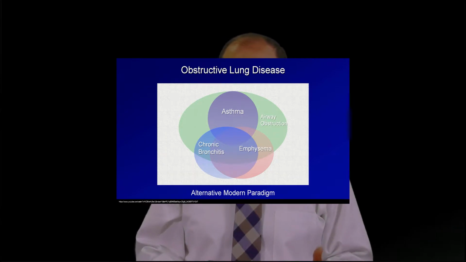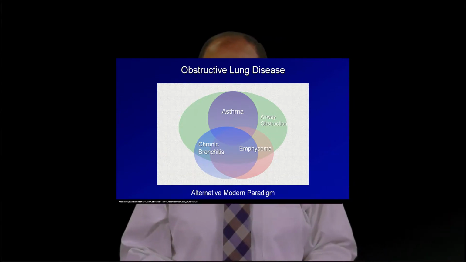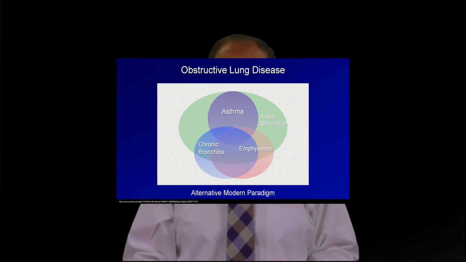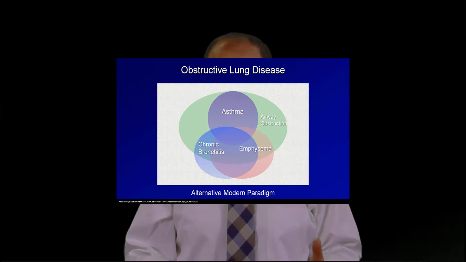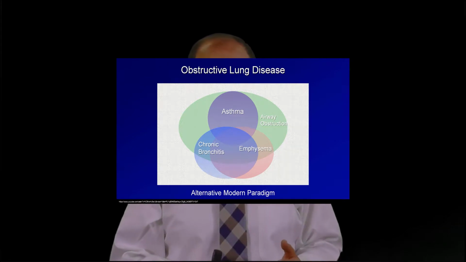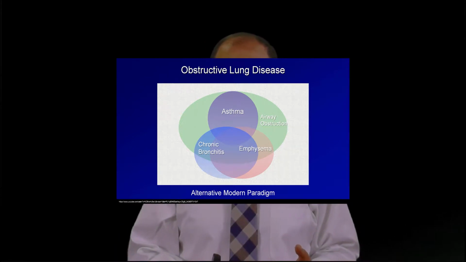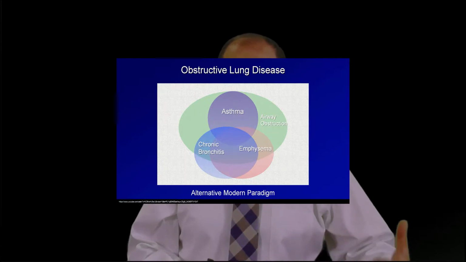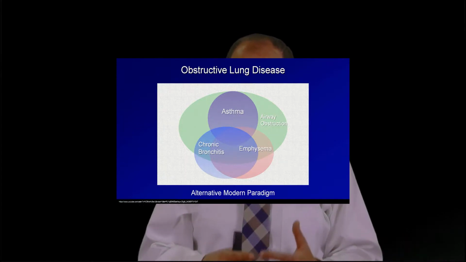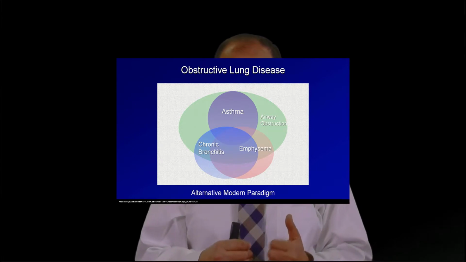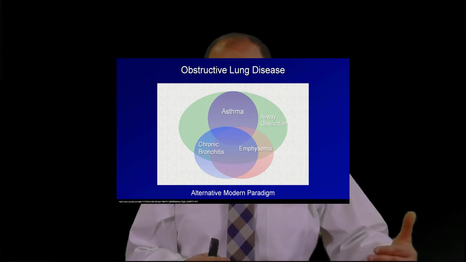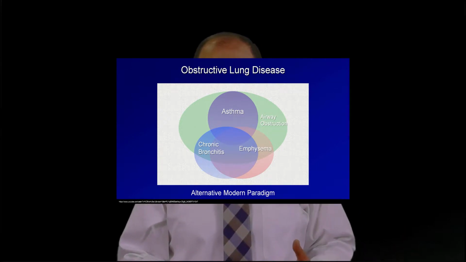It's very hard to find an isolated case of chronic bronchitis or an isolated case of emphysema. And what we know now is asthma could also be included in chronic obstructive pulmonary disease. When asthma is so prolonged, this can lead to some sort of remodeling in the airways, and this will lead to chronic obstructive pulmonary disease.